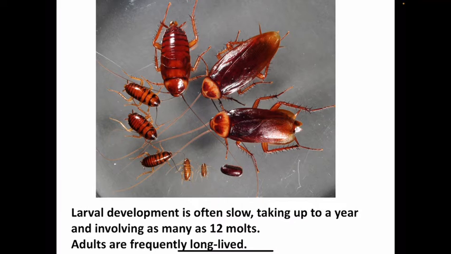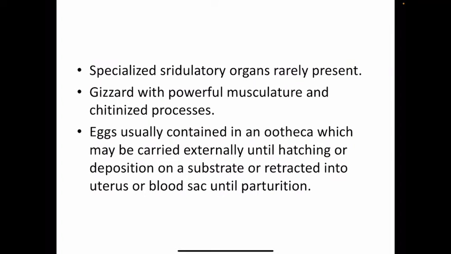And adult life is also pretty long. Some species have specialized stridulatory organ, but it is very rare. And their gizzard is powerful with lots of muscles and chitinized processes.